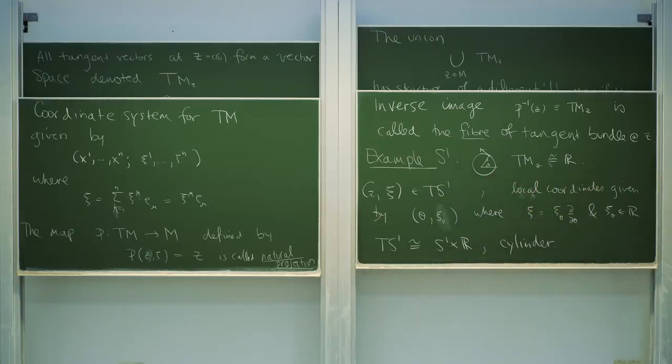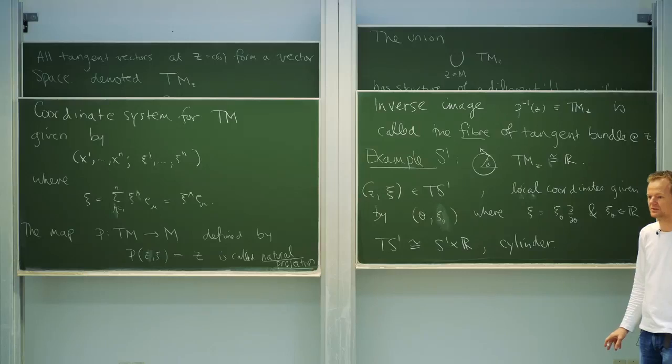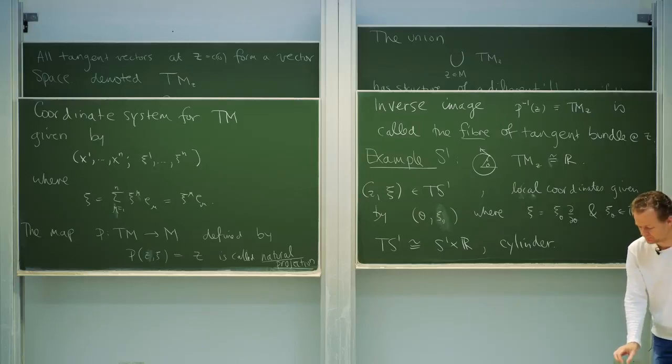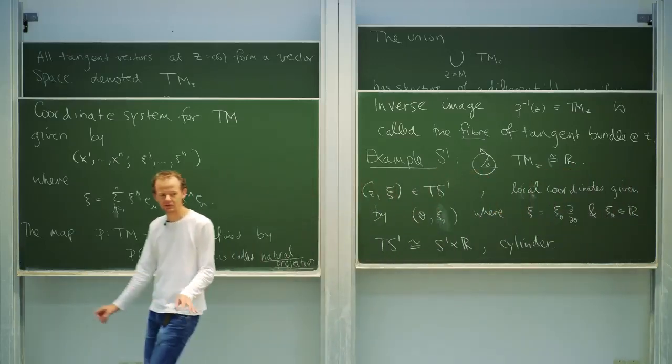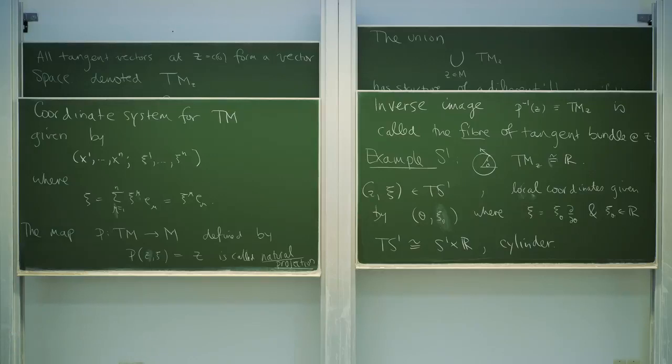So TS1 is a very familiar manifold. It's the cylinder. This doesn't always happen that it gets so nice. As I emphasized in the previous lectures, S1 is not trivial, and TS1 is also not trivial. There's a lot of interesting stuff that can take place in the tangent bundle to a circle.